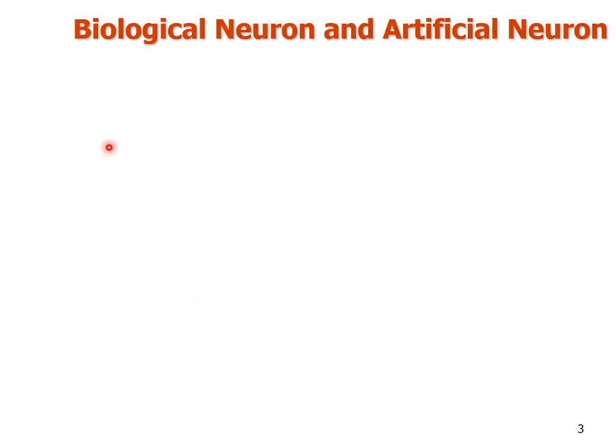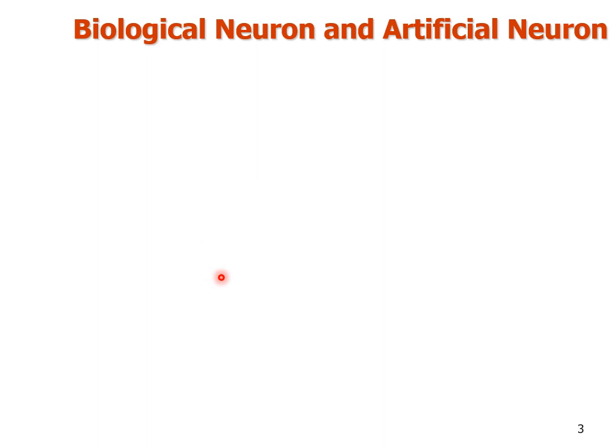In the previous session, we had a discussion about the biological neuron and the very basic neural unit known as McCulloch-Pitts neuron or MP neuron. So let us list out how the biological neuron is analogous to artificial neuron.